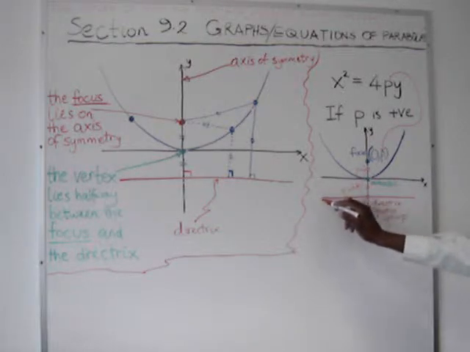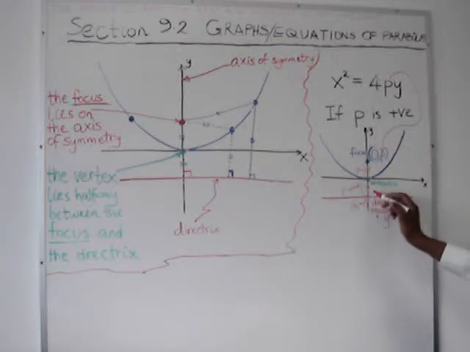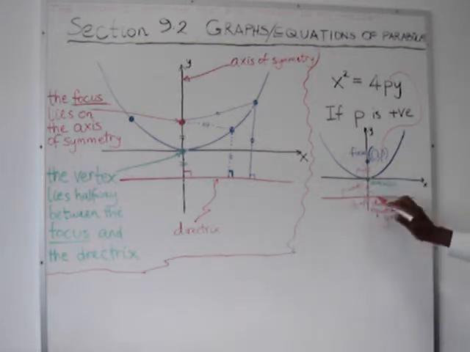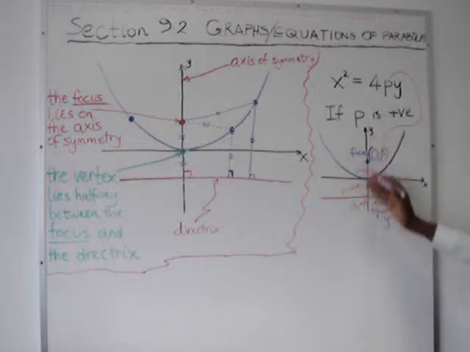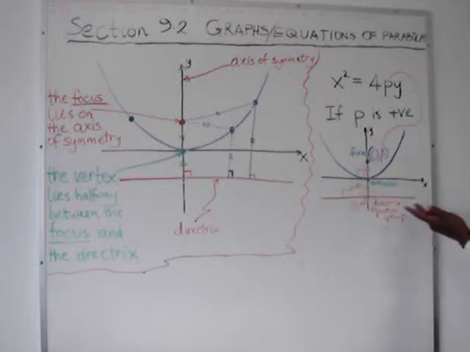Remember now, this line is orthogonal to the y-axis, right? This directrix, that's the part of the definition I wrote down for you before. This directrix is orthogonal to the y-axis, so we know that its slope is 0.